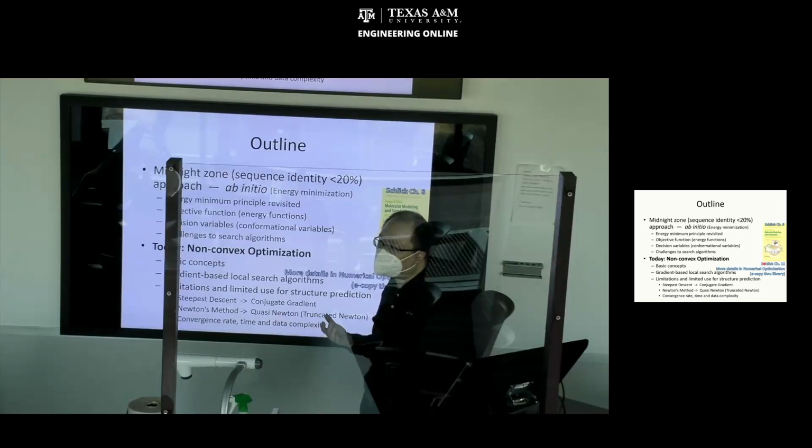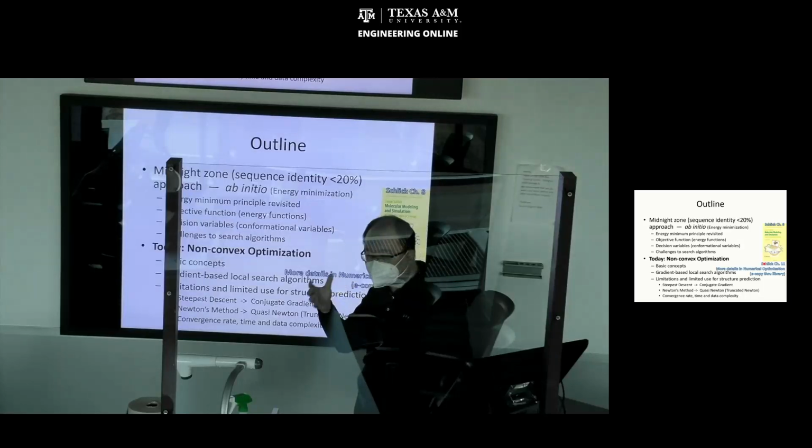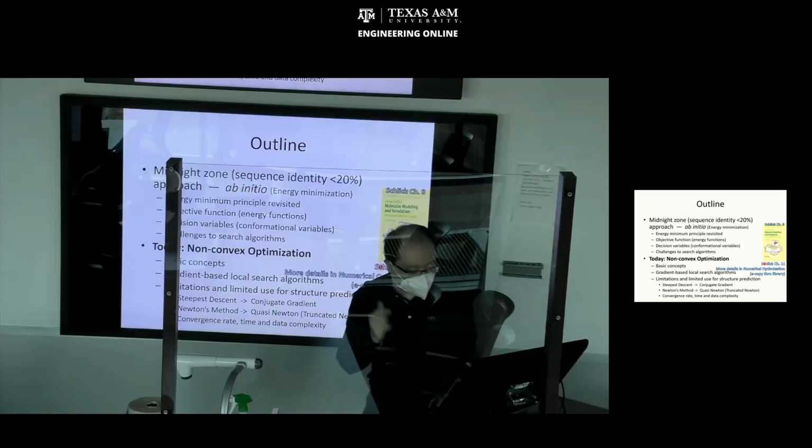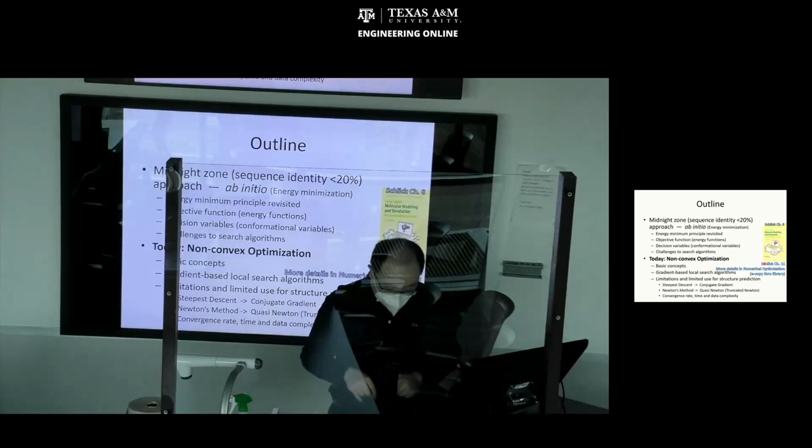I want you to think about it as if you were to design these gradient-based algorithms. So how would you approach this problem? How would you start with some earlier versions, introduce algorithmic innovation, and develop something better? In what sense? These are the questions I'm trying to ask, so let's keep that in mind.